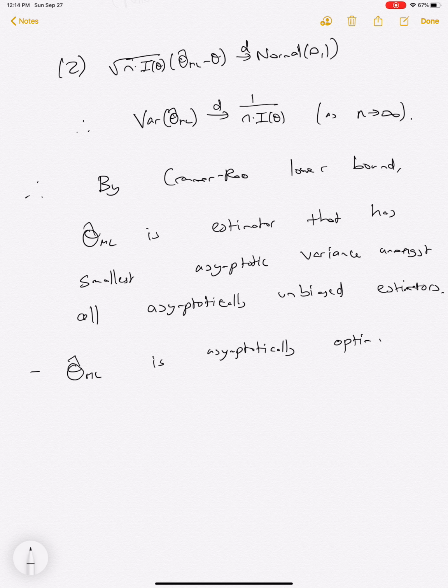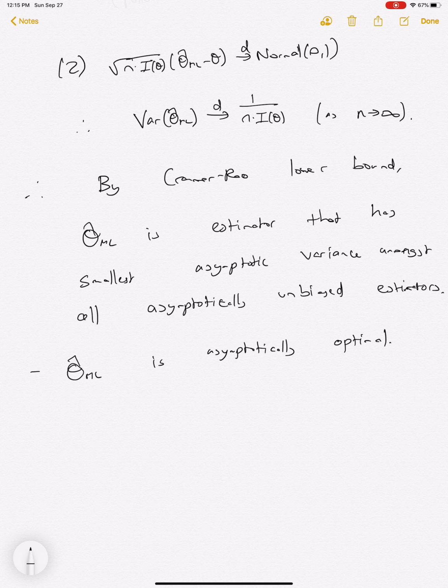We're using the notion of optimality here to say that the smaller the variance, the better, because smaller variances typically mean that you can get tighter confidence intervals. And so we're saying that the maximum likelihood estimate is the one that does best amongst all estimates asymptotically.